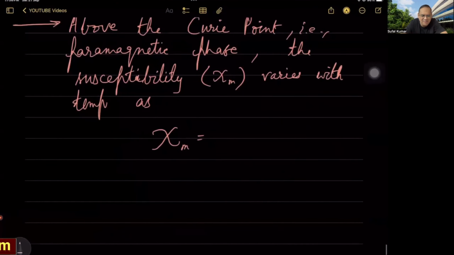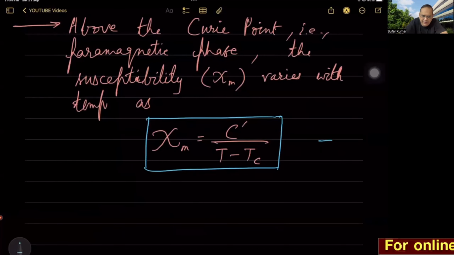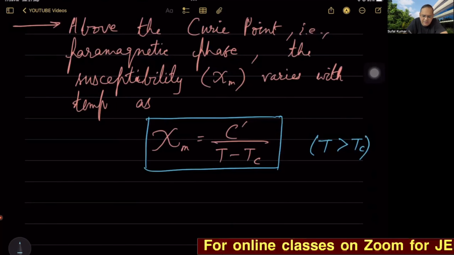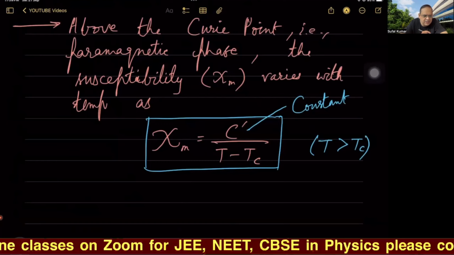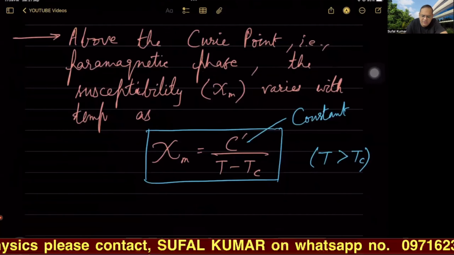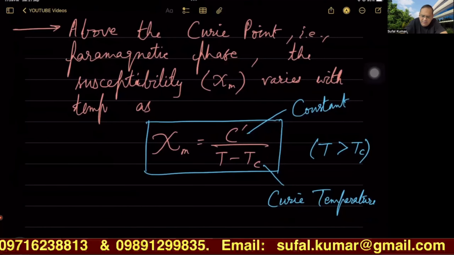Now let us compare. Here we have C dash upon T minus Tc, where T is greater than Tc. We need to remember C dash is a constant, Tc is the Curie temperature or Curie point, and T is the absolute temperature.